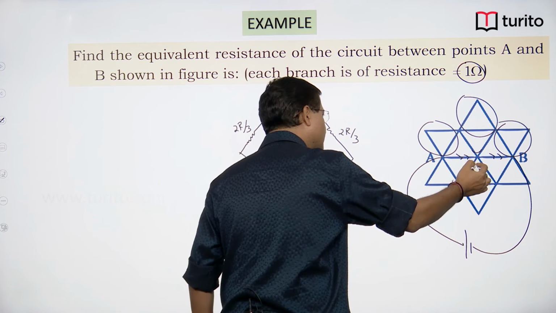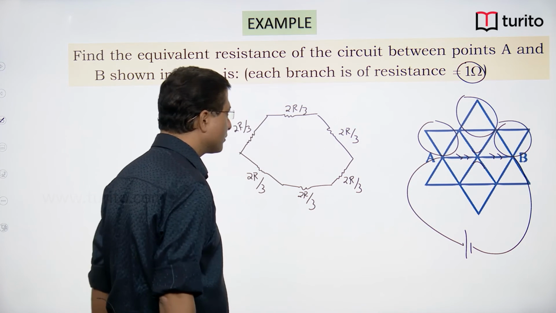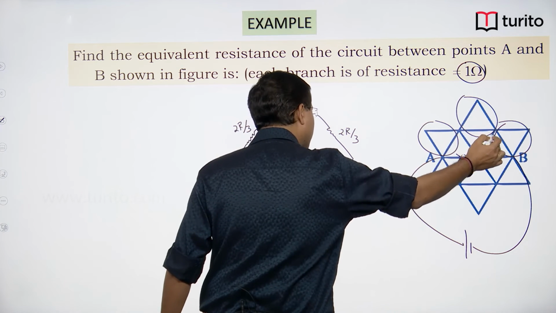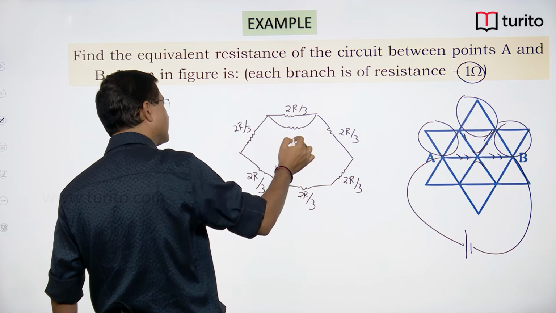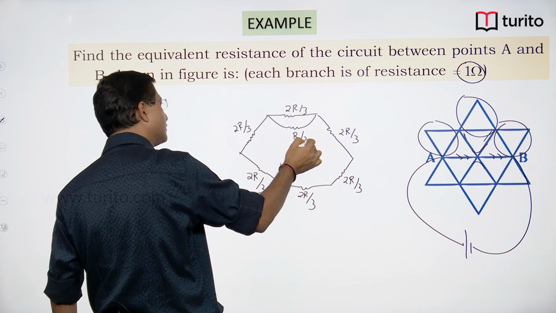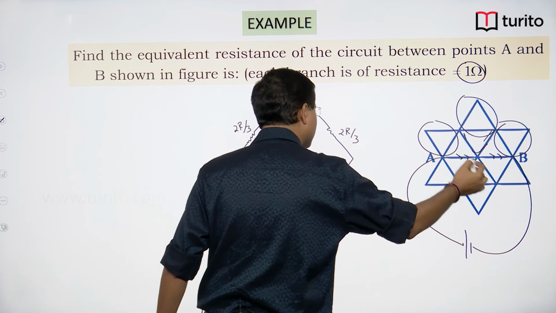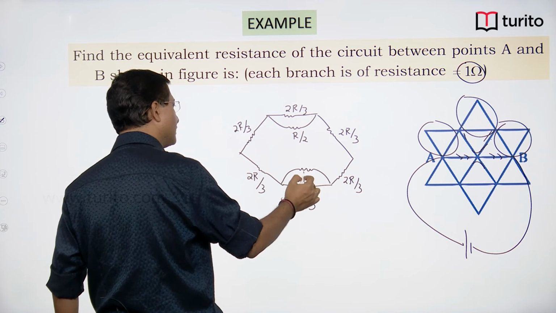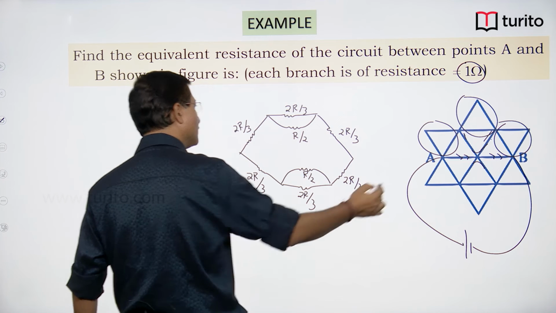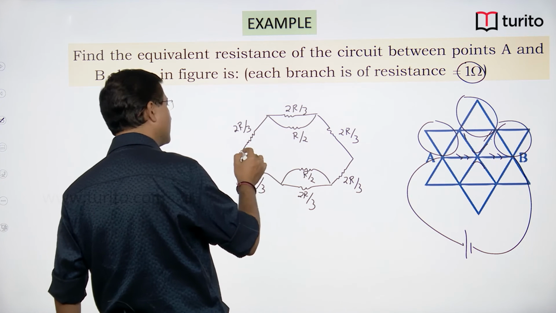Here I can open the junction. So when I open the junction, here these two are connected in series. This is R by 2. Similarly this will be R by 2. This is 2R.